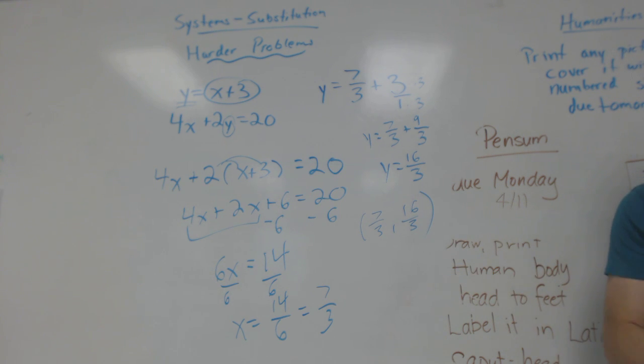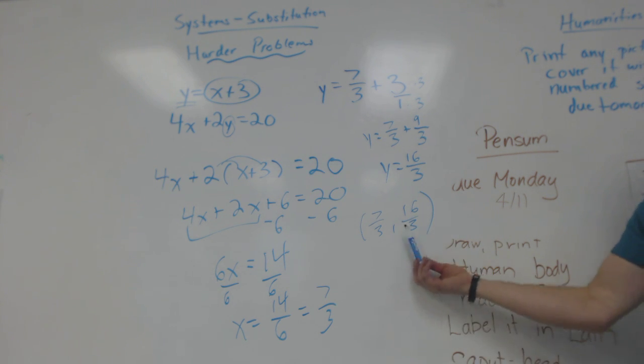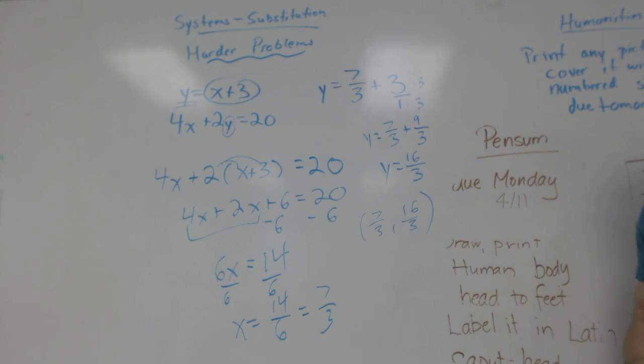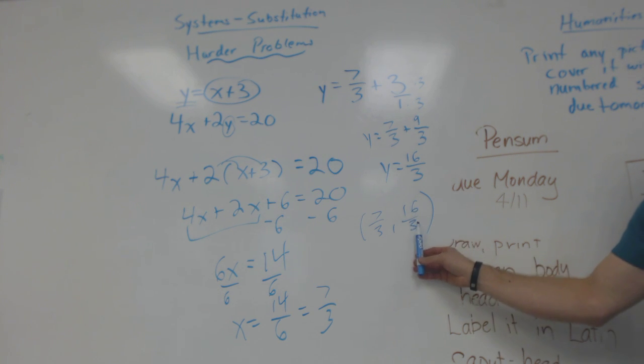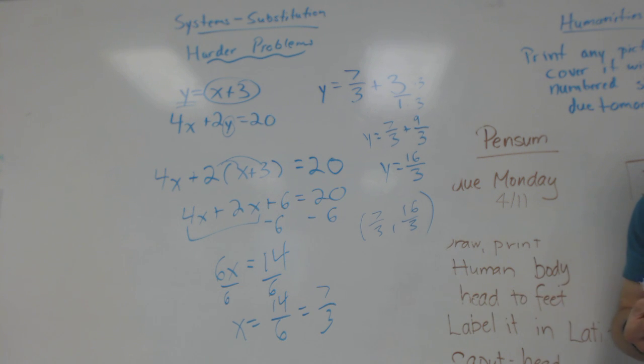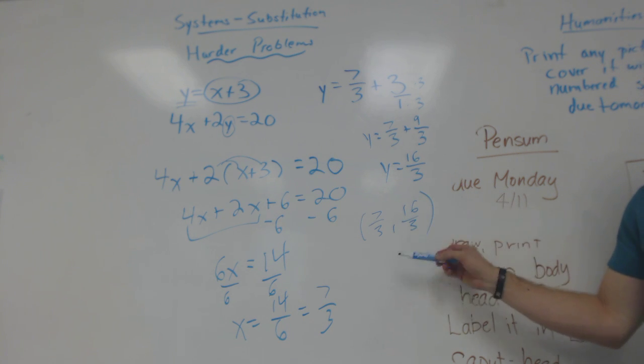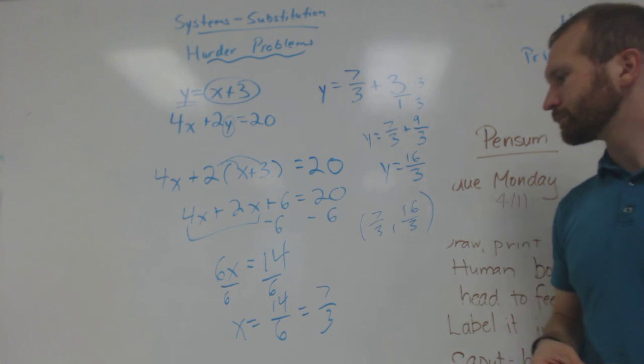Can't you reduce 16 thirds? 3 is a prime number. 16 cannot be divided by 3 evenly, so I can't reduce it. If it had been 15 thirds, then I would have been able to, right? Because I would have been able to take a 3 out of 15 and another out of 3.